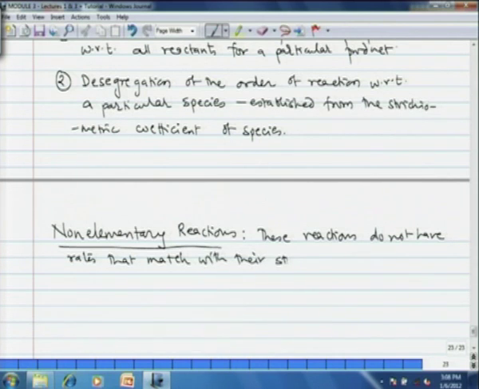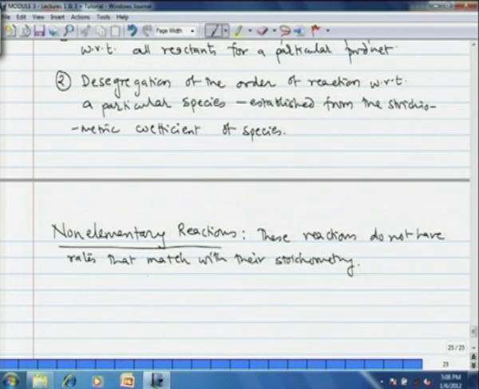Now, how do we analyze the non-elementary type of reaction? It is often possible to represent a non-elementary reaction rate as a group of elementary reactions to simplify the analysis and provide qualitative design for non-elementary reactions.